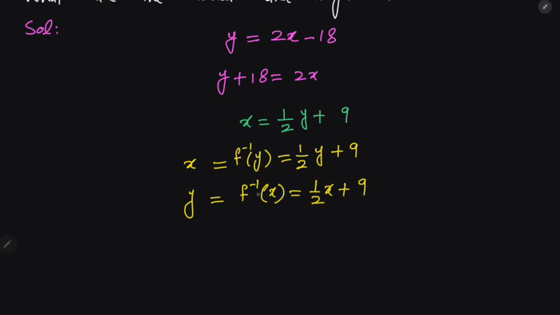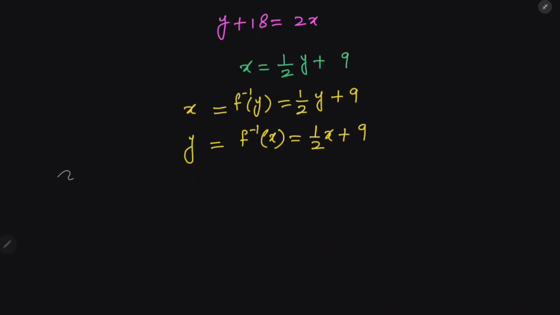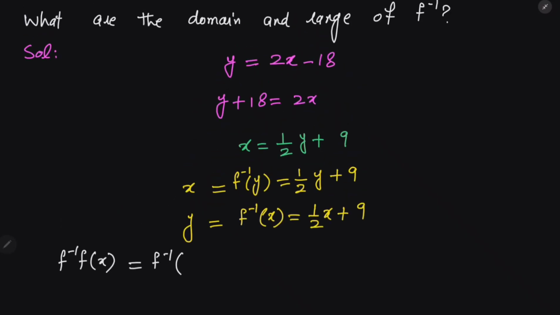To check whether this inverse function is correct or not, we just have to take a composition of these two functions. f inverse of f of x: what is f of x? f of x is 2x minus 18, and when we put 2x minus 18 into f inverse, we get 1 over 2 times 2x minus 18, plus 9.